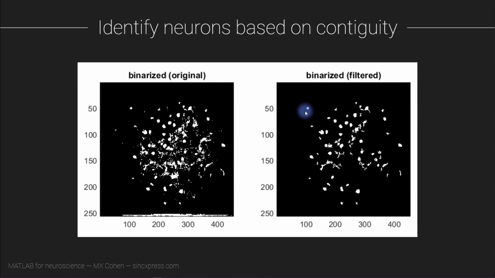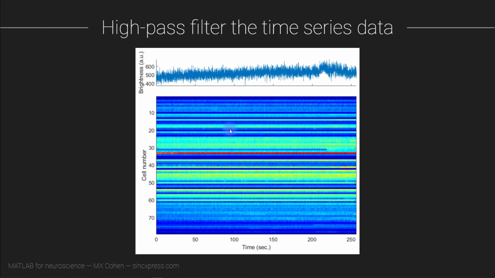So this gives us one row in our data matrix, and then we repeat that for this cluster, this cluster, this cluster, and so on for all of the clusters. So here we have 79 clusters, and that produces this matrix of 79 cells or 79 clusters over time.